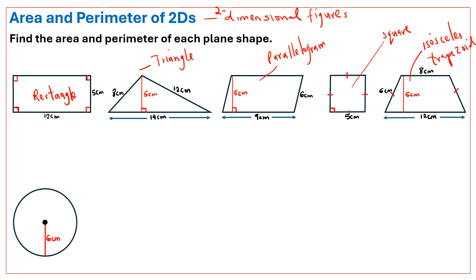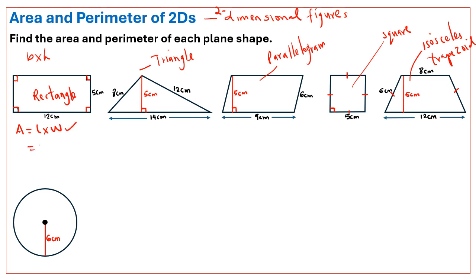All right, so let's go ahead and find the area of a rectangle. We know from algebra 1 that the area of a rectangle is length times width. Some people can also write the area as base times height, so depending on what you're comfortable with, but we're going to take length times width.